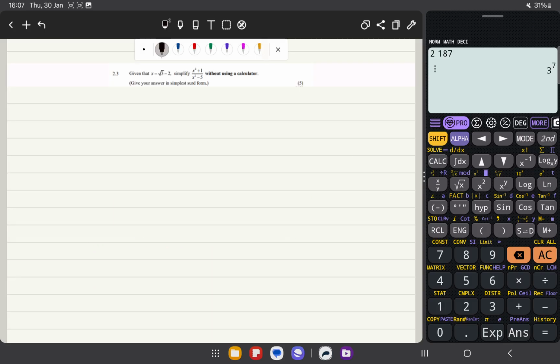So the last question we have, it says given that x is equals to, all right, we have to simplify this.